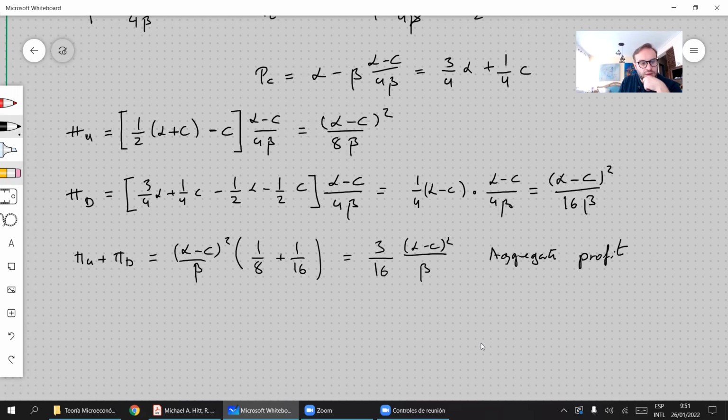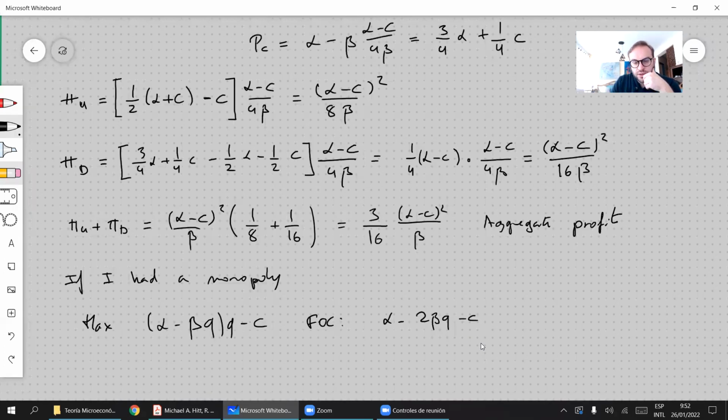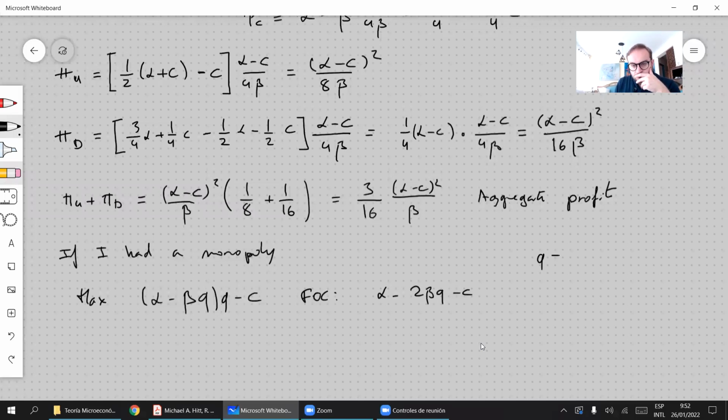And if I had a monopoly, this monopoly is maximizing the demand with the cost, which gives me a first order condition, which is alpha minus 2 beta q minus c, which tells me that the quantity produced would be (alpha minus c) divided by 2 beta.